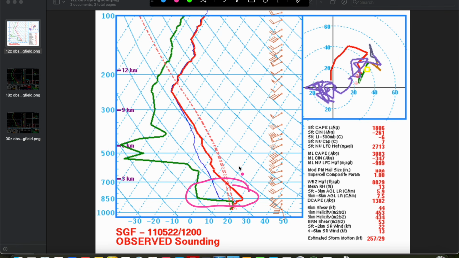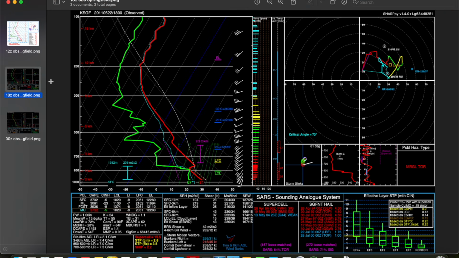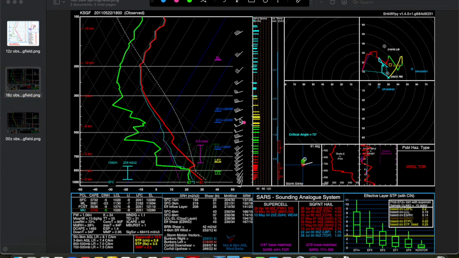Now, given the lack of overall synoptic scale forcing, remember we said height rises were taking place across the region, this cap was a little bit questionable as to whether or not it would break, but we had extreme instability in place. This is the 18Z sounding at Springfield. You'll notice the cap's still in place, the elevated mix layer still in place. You can see 9.3 degrees Celsius per kilometer through that layer. That is extremely steep lapse rates.